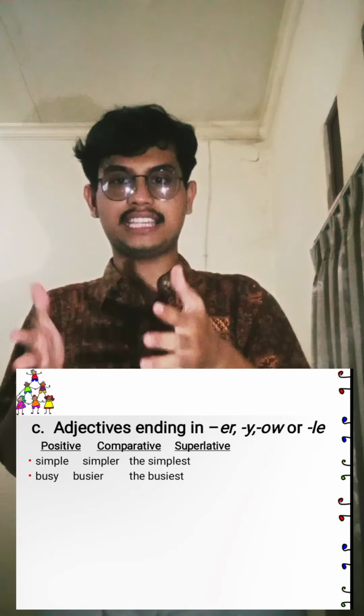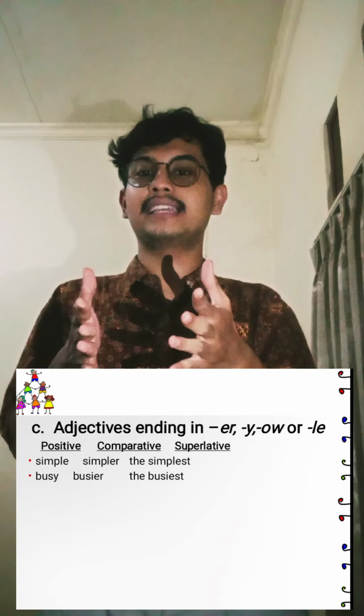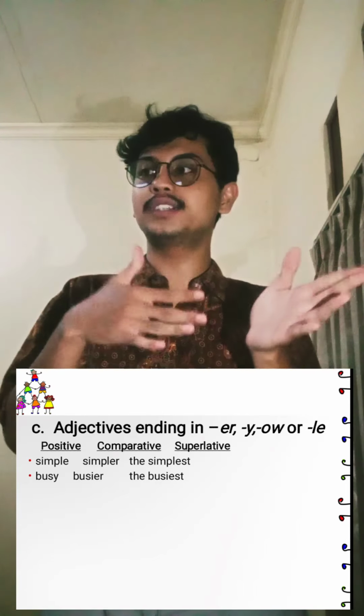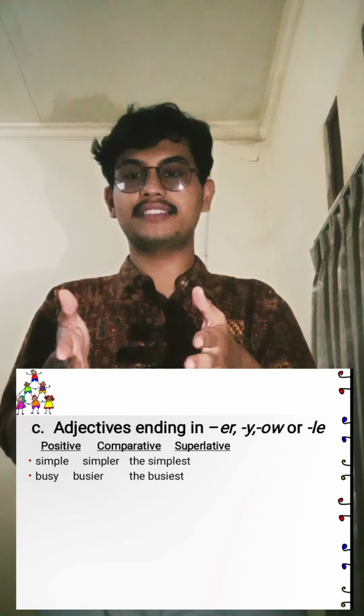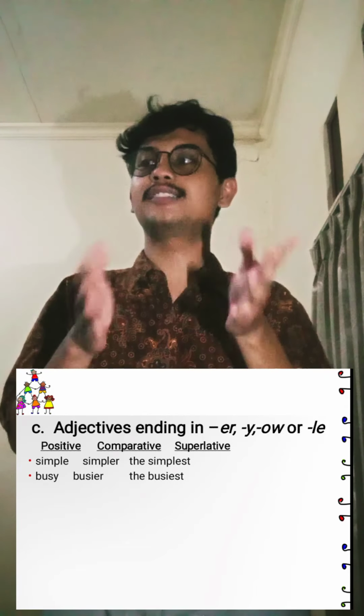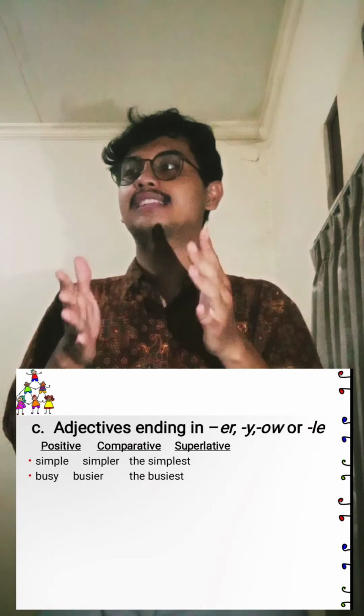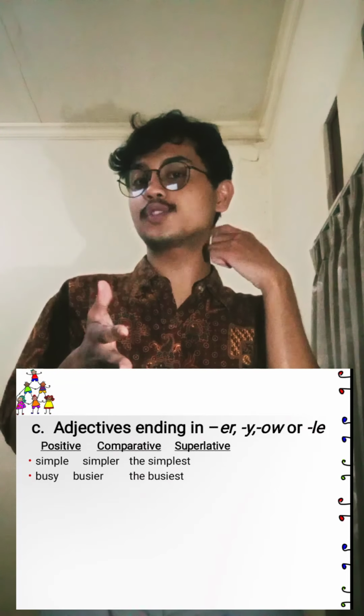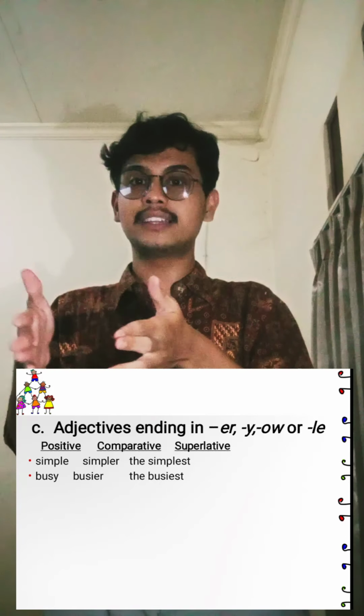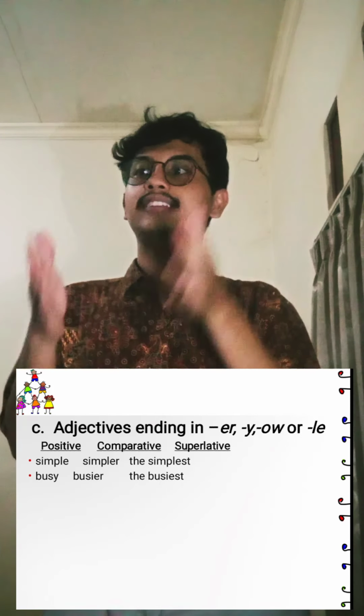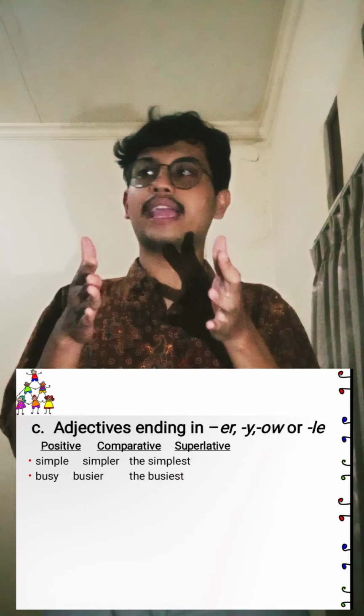And the next is busy. You can use er on the last word. On comparative, untuk membandingkan ya, itu harus menggunakan er kalau misalnya di kata-kata seperti busy. Terus di superlatifnya, you can always use the on the first word and use est.